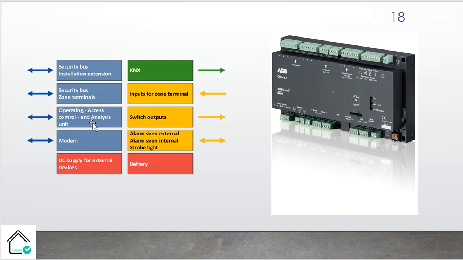Operating access control and analysis unit, there is access control and import the code. Security bus zone terminals, you have the secure communication with your zone terminals. As we said, it is possible to connect to the VDS sensors by this center. Security bus installation extension, you want to increase the input output of this panel.